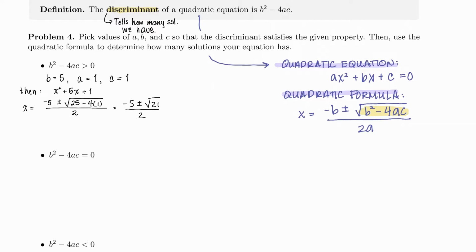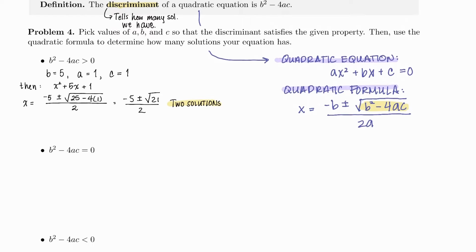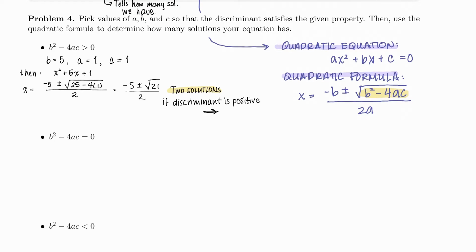And we can take the square root of 21. It's just not a very nice number. So in this case, we get 2 solutions. And the thing to take away from this problem is that if the discriminant is positive, this tells us we have 2 solutions.